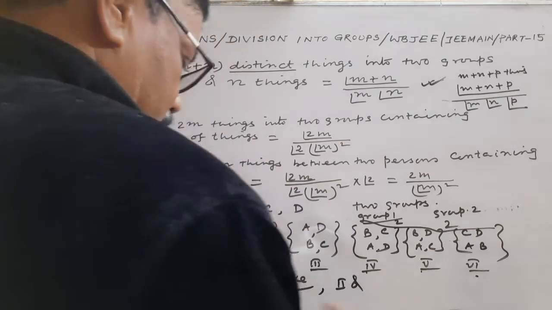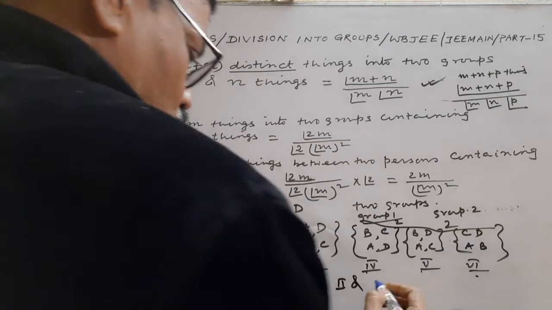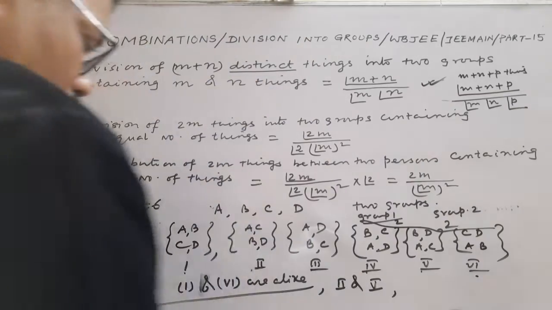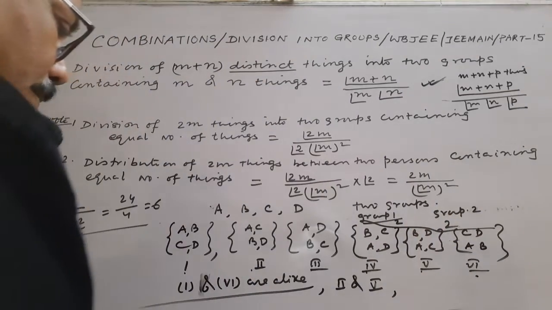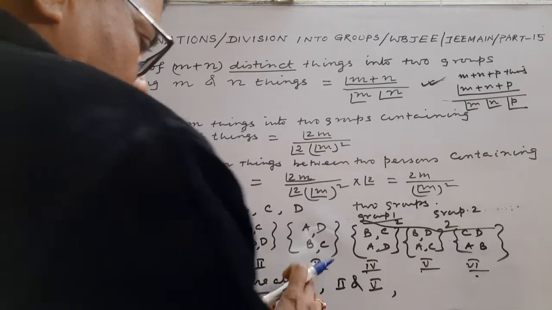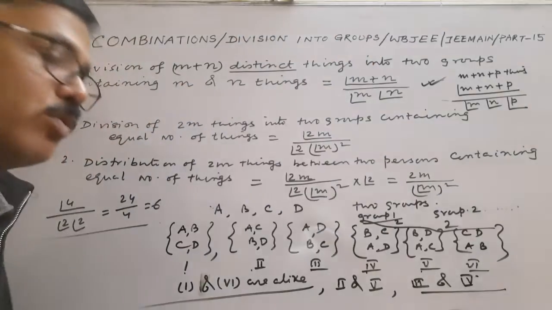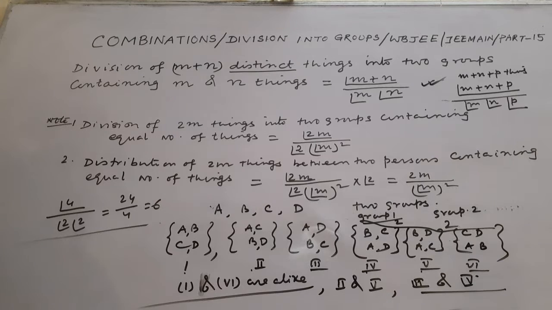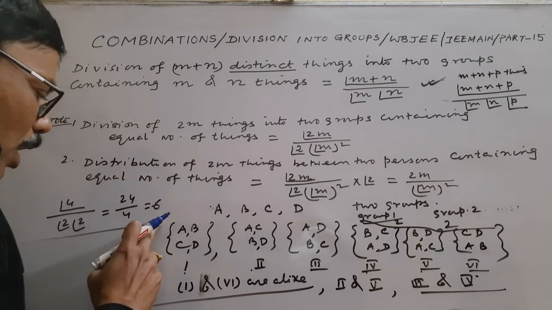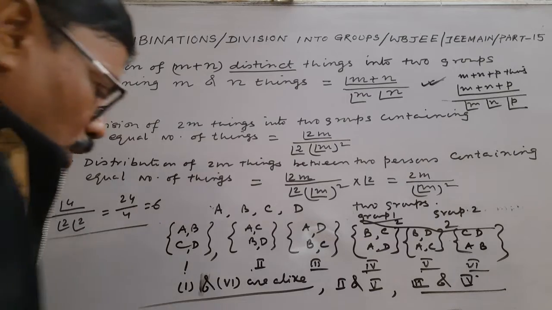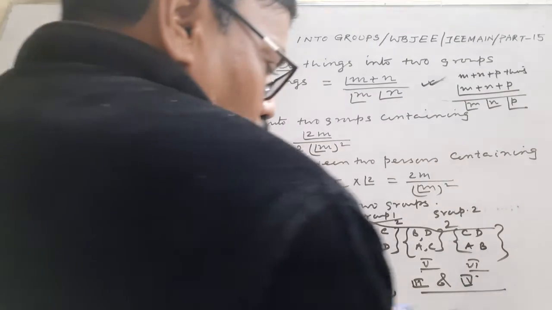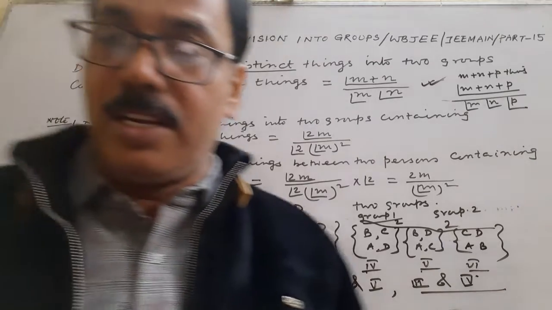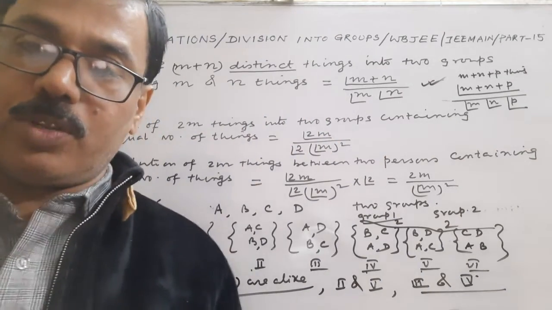Similarly, 2 and 5, AC and BD, are alike. And group number 3 and 4 are alike. So actually we are getting only three groups, but according to the formula you are getting 6. So 2 groups are alike if we divide it into 2 groups.